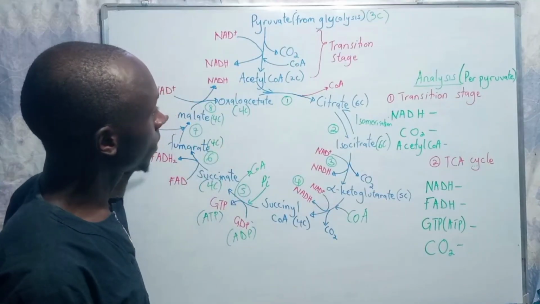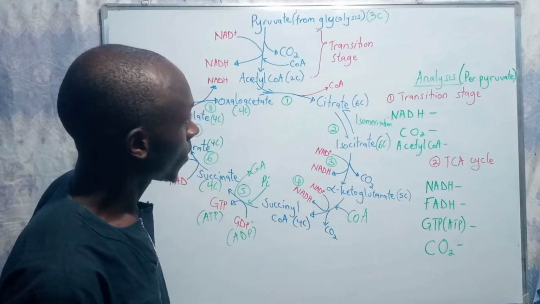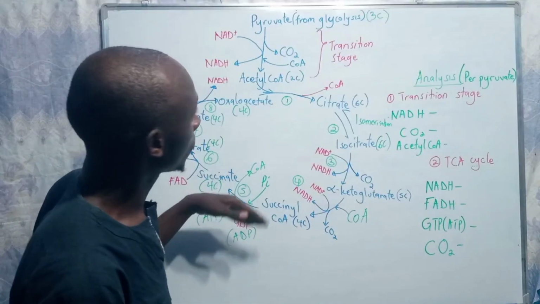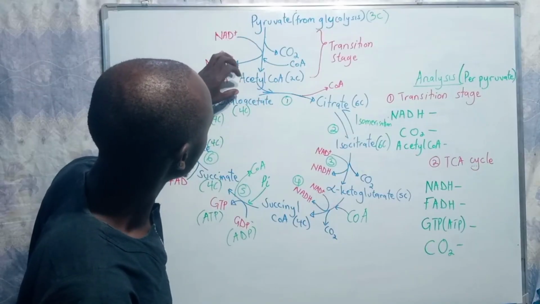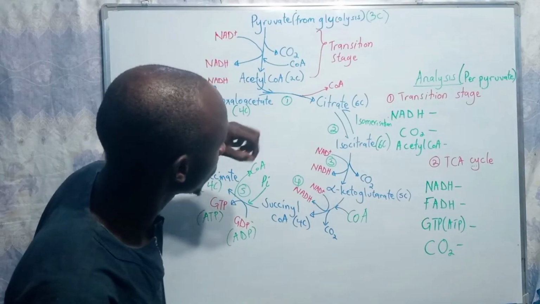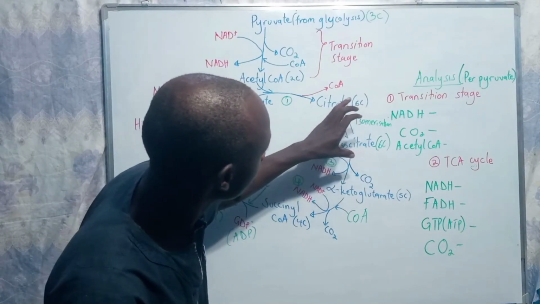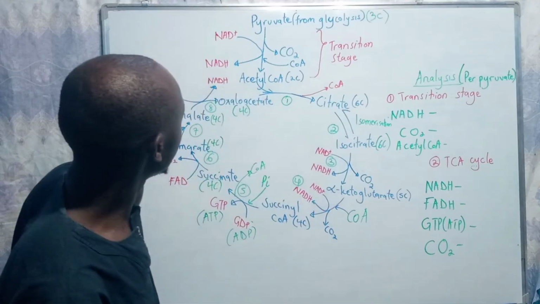At the end of the day, we are going to look at the analysis of what we are getting from the cycle. Before we get into the cycle, in the transition phase whereby we activate our molecule that is going to enter the cycle, there are some molecules which are produced at that stage.